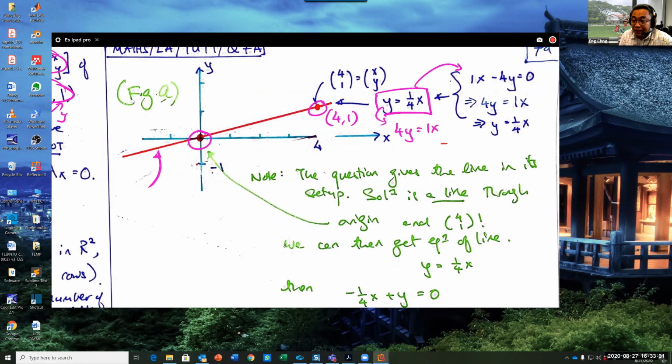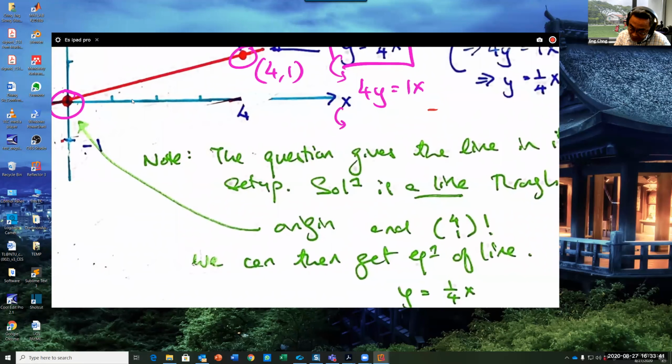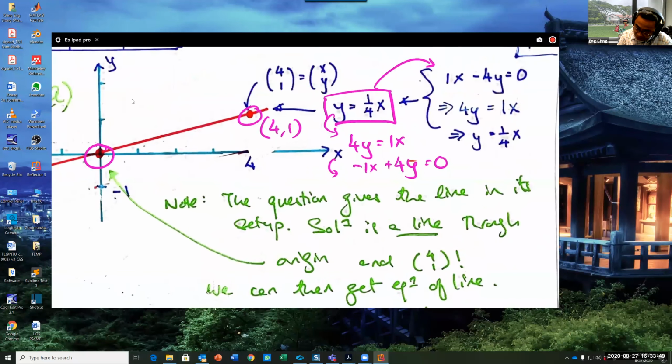We also don't like to write y equals x because we want to do a matrix vector notation. So what we then do was that we write it as minus 1x plus 4y equals 0. Once we have this, then we can write it in the matrix vector notation, which is implying minus 1, 4, xy is equal to 0.